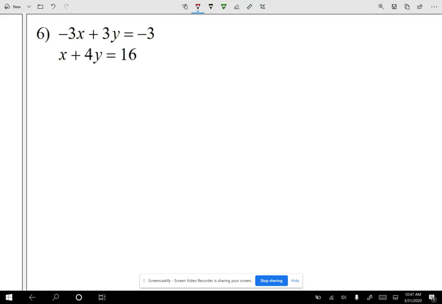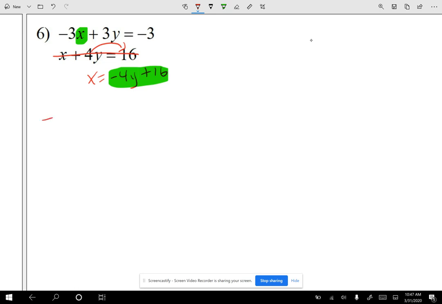I can easily get the x by itself at the bottom. So I'm just going to say that x is equal to negative 4y plus 16. Notice the 4y, I moved it over, so I switched the sign. So everything that x is equal to, I'm going to replace it for the x in this other equation.